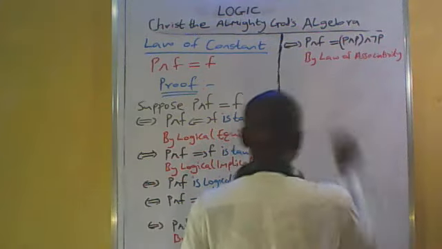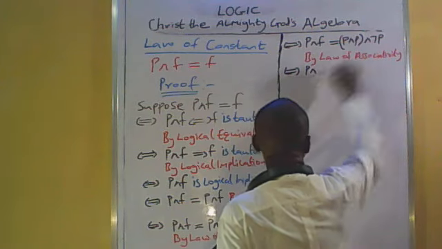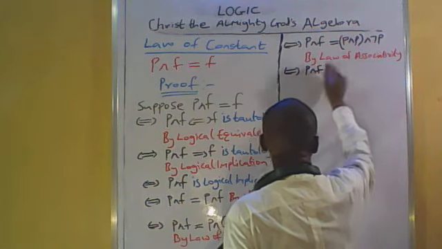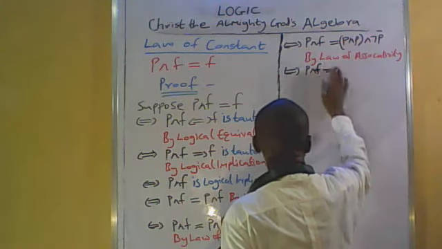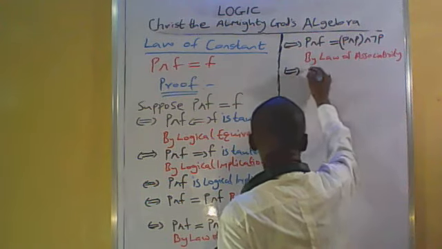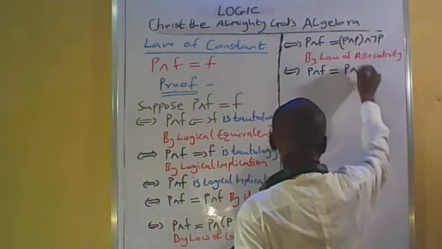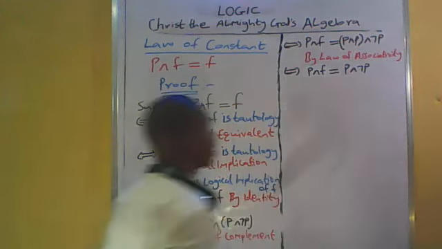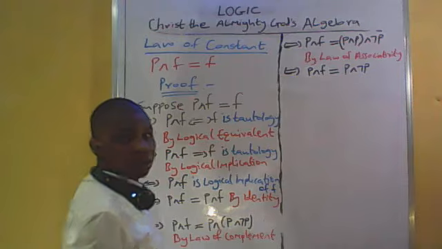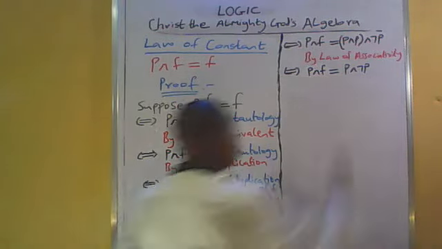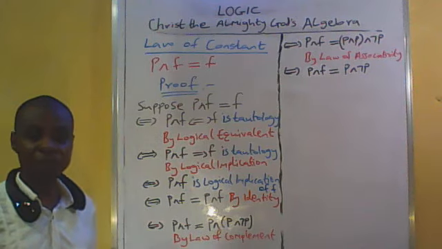So if and only if P and F is equal to P and not P. You have seen that this P and P has been substituted with P, because P and P is equal to P by law of idempotent.